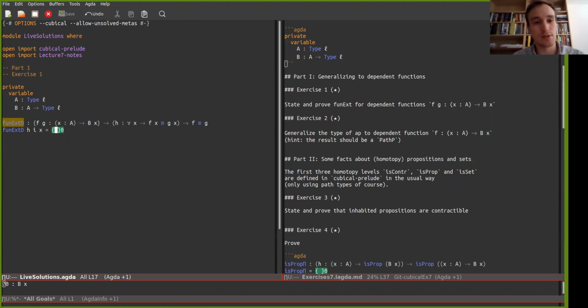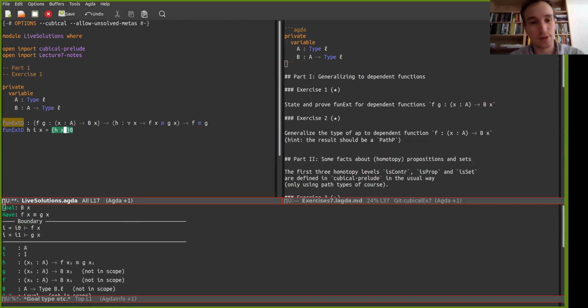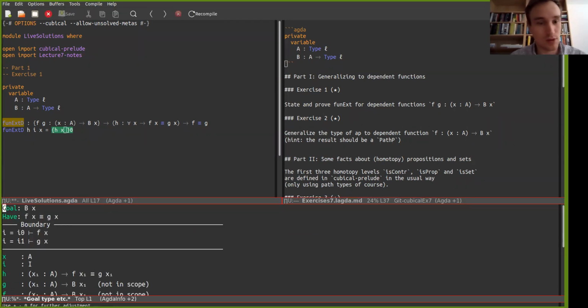Well, what we did with the non-dependent funext was we take our h, we plug in x. So this will be a path. We have a path between f of x and g of x, and we need something in here such that on the boundaries this computes to f of x and g of x.